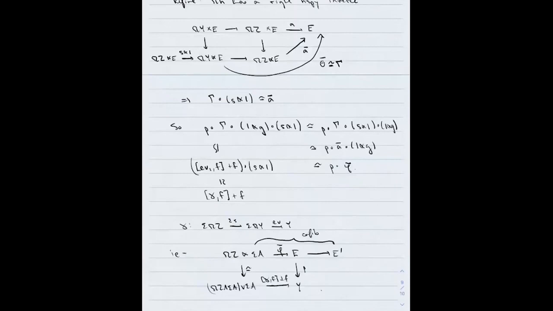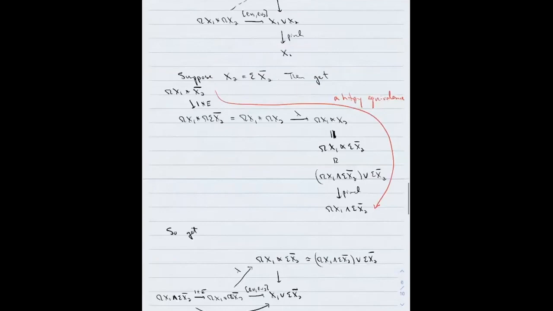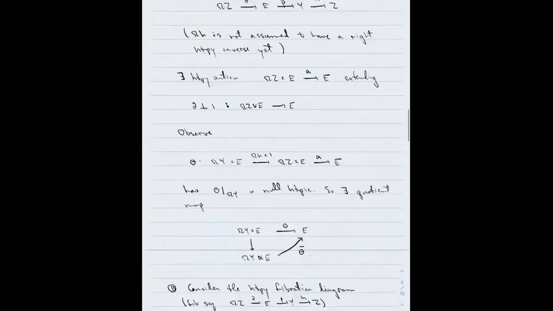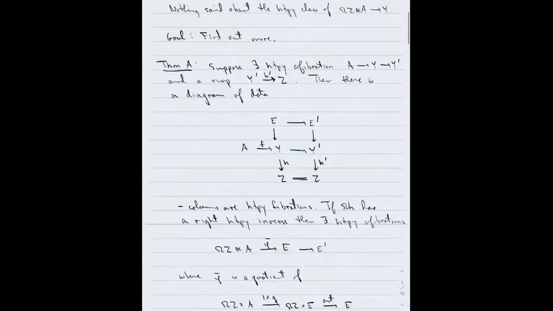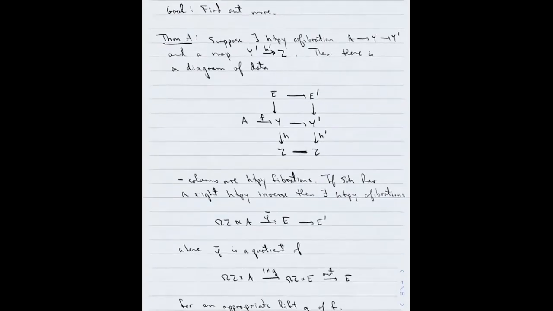We end up with this nice statement in our main theorem, scroll back to some distance long ago. In our main theorem A, right, we end up with this cofibration that we want to use to help describe the homotopy type of E prime, because that will help describe the homotopy type of Y prime.